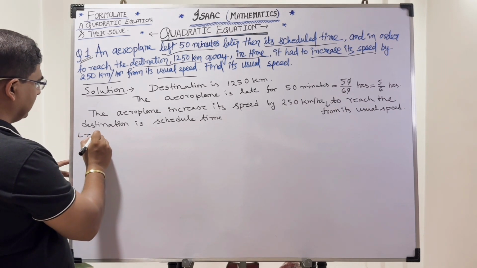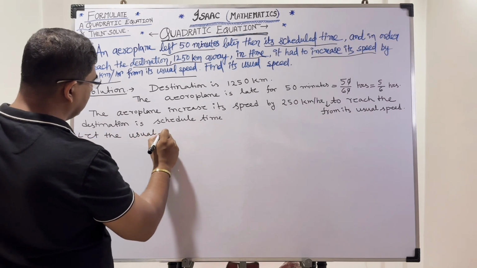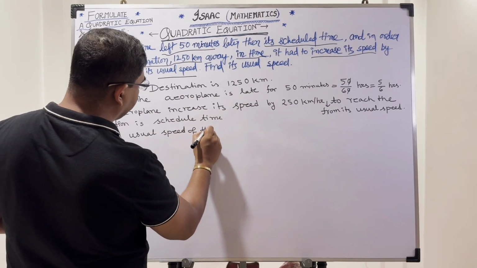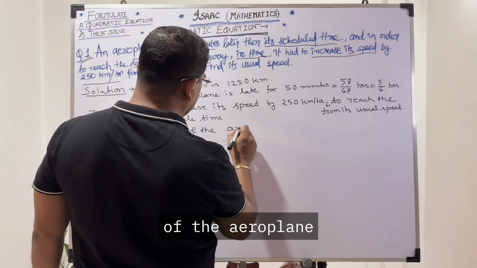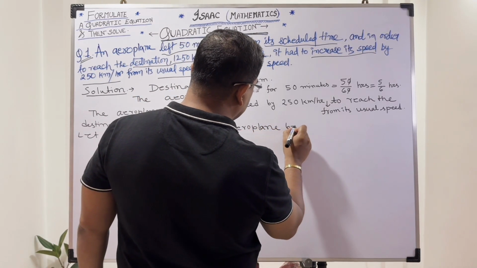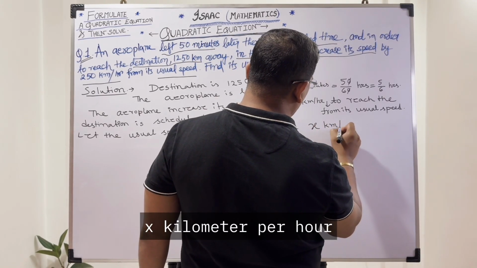Let the usual speed of the aeroplane be x kilometer per hour.